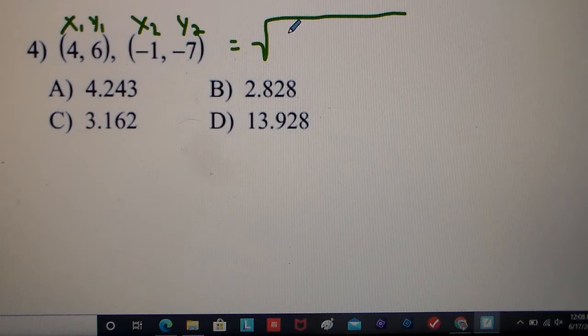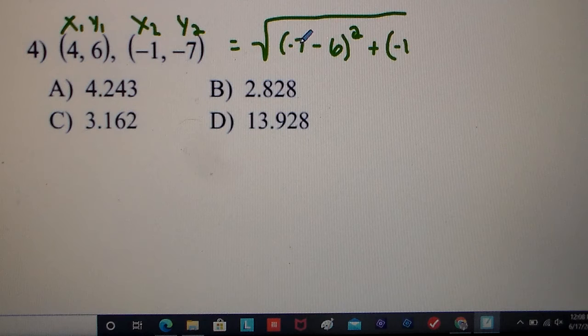We plug them in. y2 is -7, minus y1, which is 6, squared, plus x2, which is -1, minus y1, I'm sorry, x2 minus x1, minus 4.